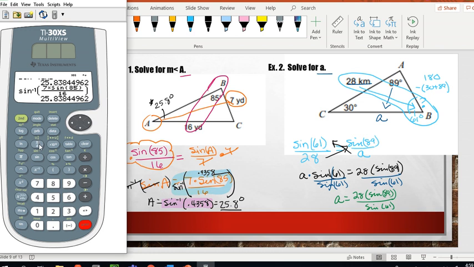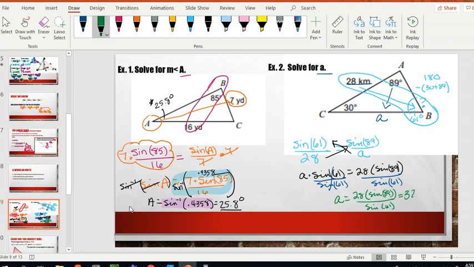So I'm going to make this big N over D, and I'm going to do 28 times sine of 89, close the parentheses, all over sine 61, enter. There we go, 32. So A is equal to 32, and in this case, kilometers.